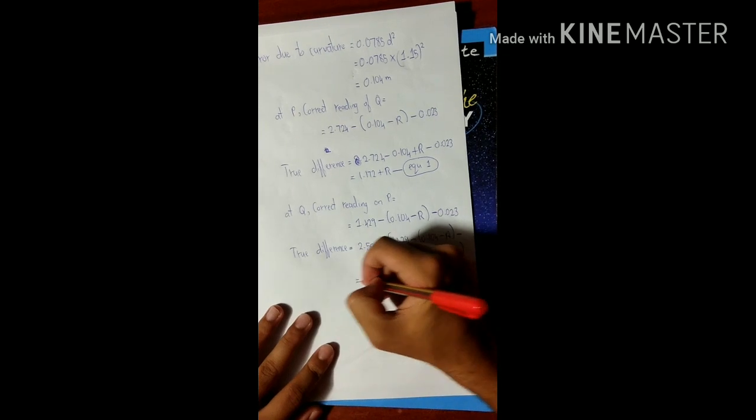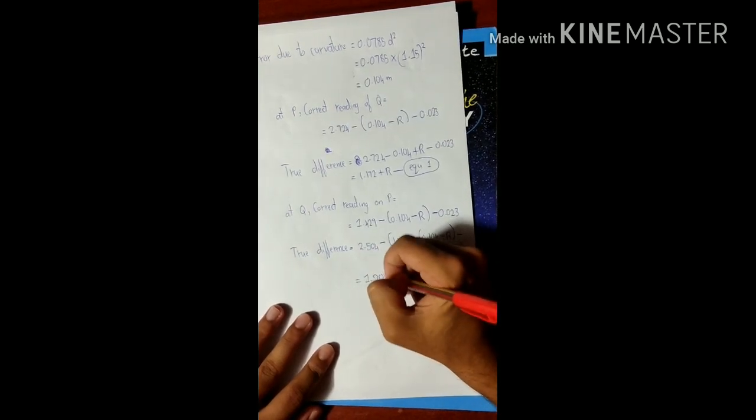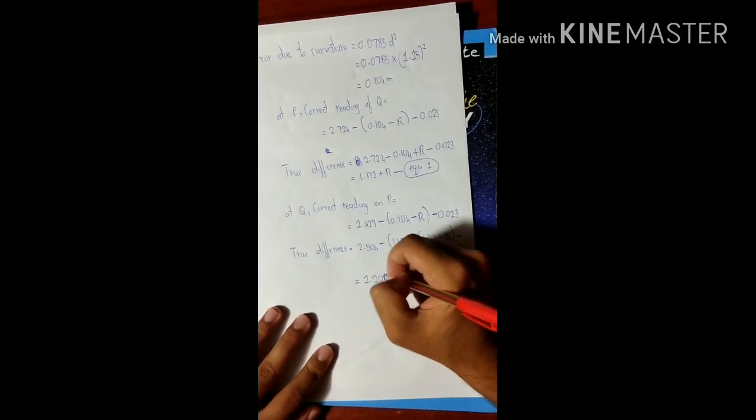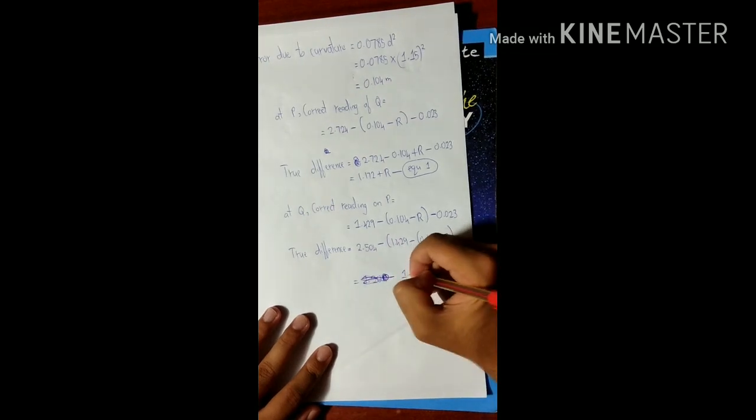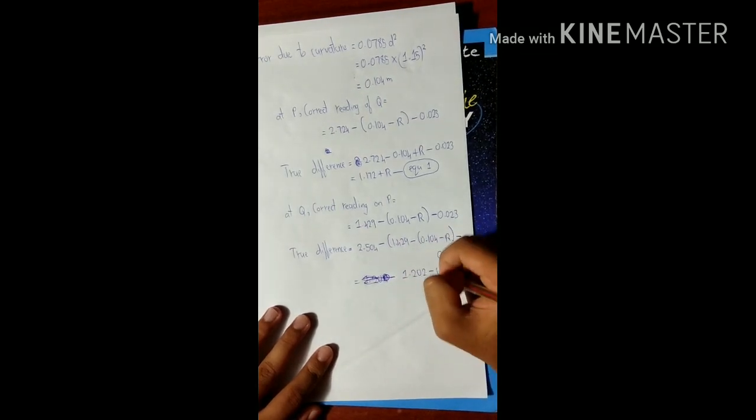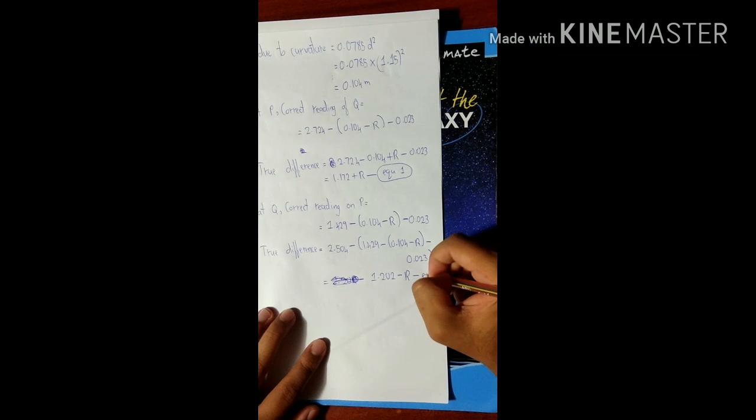After solving this, we get 1.202 minus R. This is considered as equation 2.